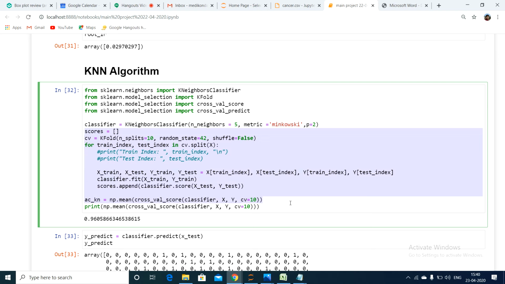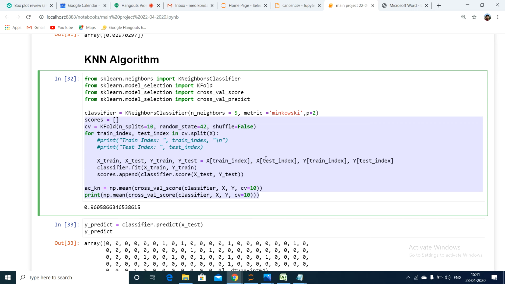I have already told you this. This is the implementation of the tenfold cross validation. After this, the classifier itself, whatever we are talking about, is our KNN.